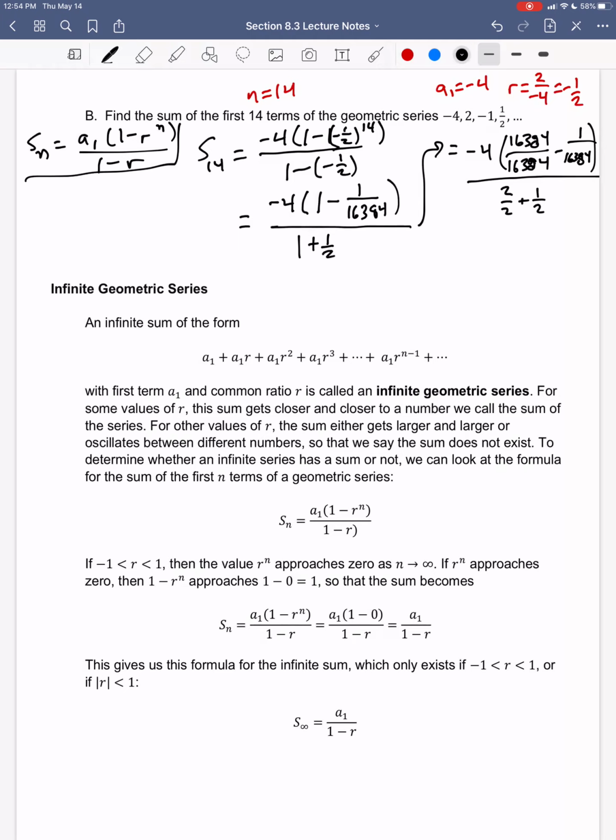That's 16,384 minus 1 over 16,384, and then 1 is 2 over 2. So this is negative 4 on the top. We get 16,383 over 16,384, and then divided by 3/2.